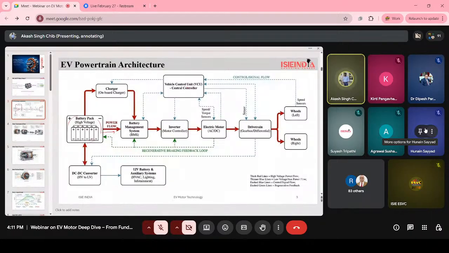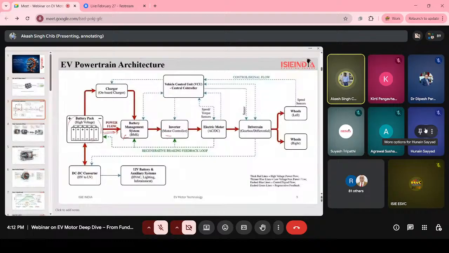Okay, so then comes the battery management system. It monitors battery voltage, temperature, and safety. It also protects the battery from overcharging and overheating. Without the BMS, our battery may get damaged. So this is also the control part. Then comes the inverter.